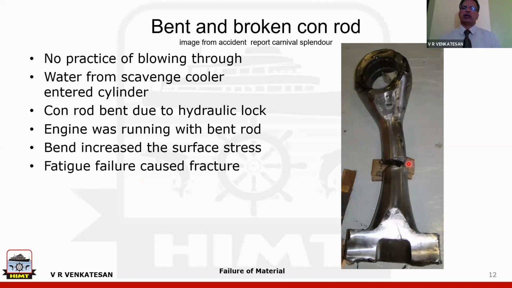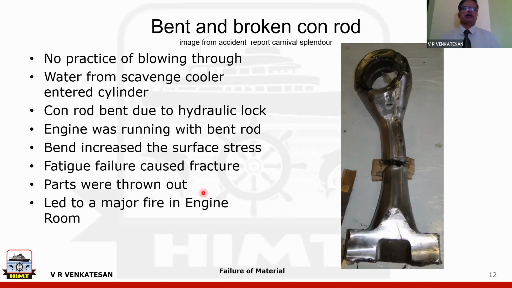So fatigue started from here and then moved towards the center, and it failed. Parts came apart, connecting rod failed, counterweights failed, and the rotating parts were thrown out. It created a large fire in the engine room and severe consequences, a lot of losses.